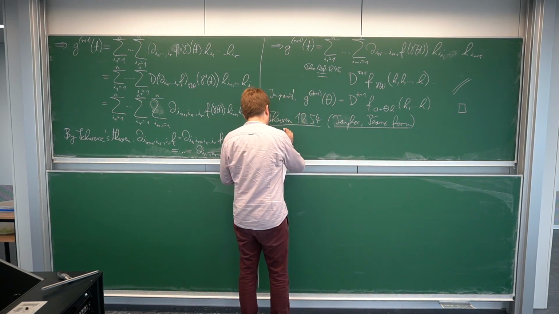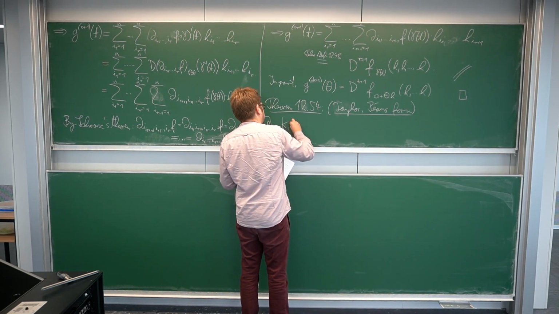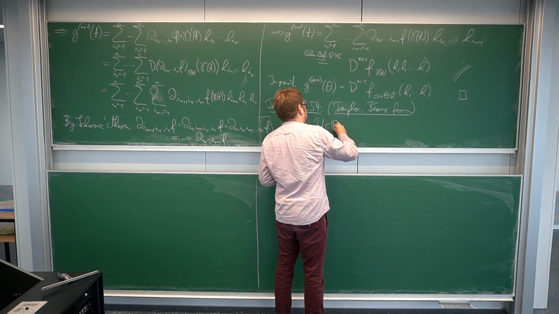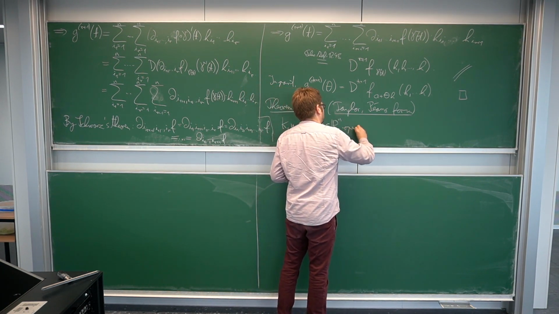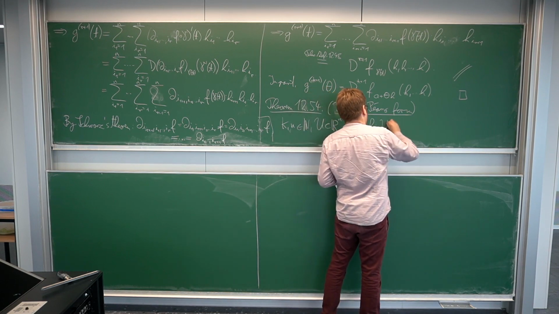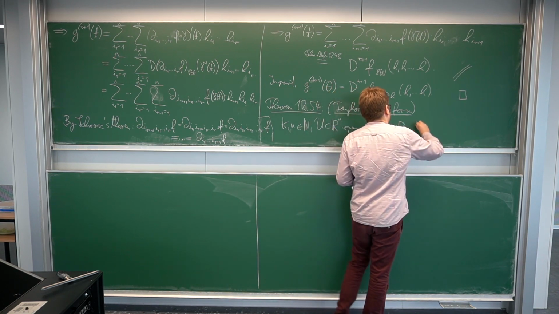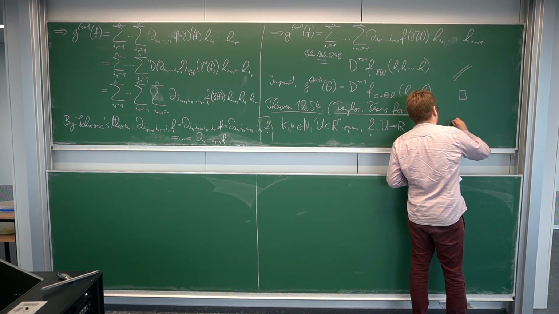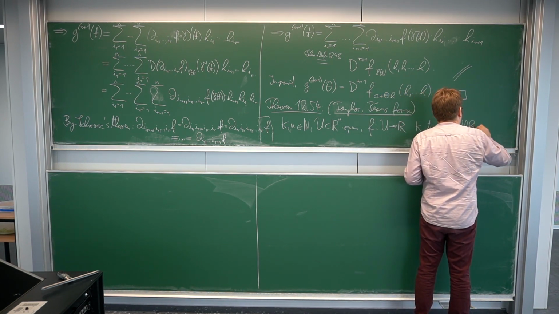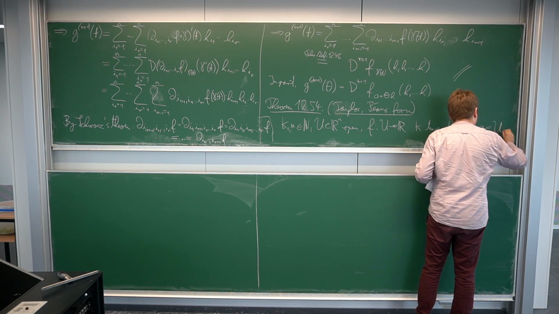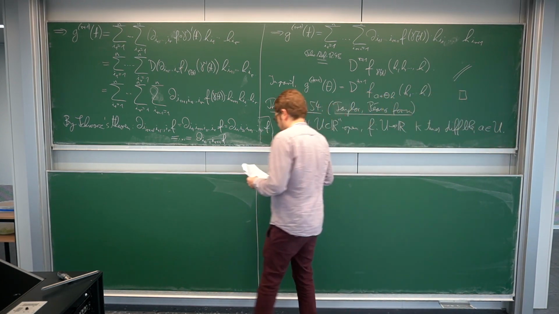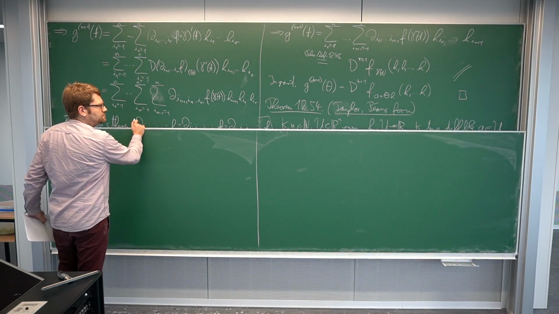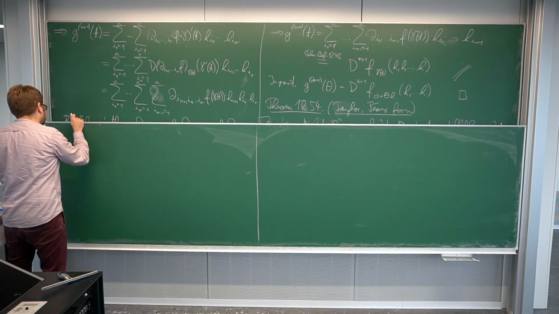We have almost the same assumptions as before, so k and n in N, U in R^n open, f from U to R is, this time it suffices to take k times differentiable, and we take a point a in U.